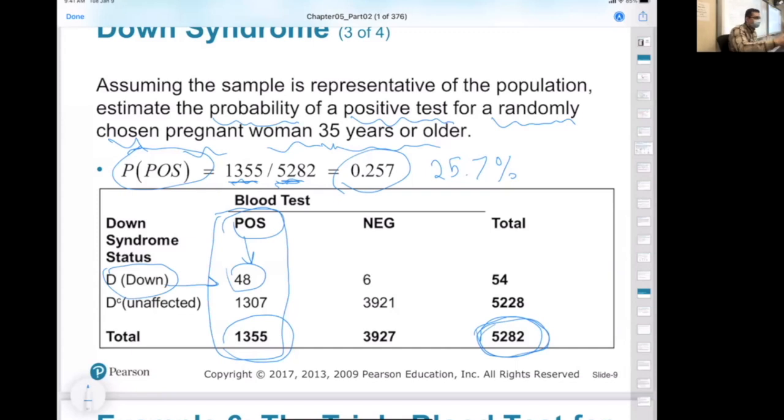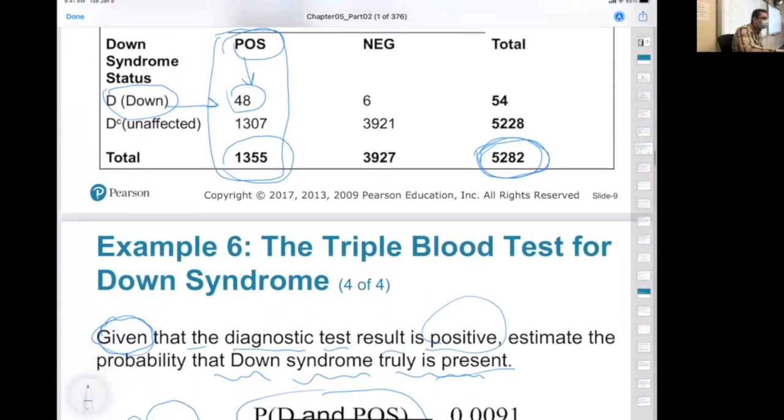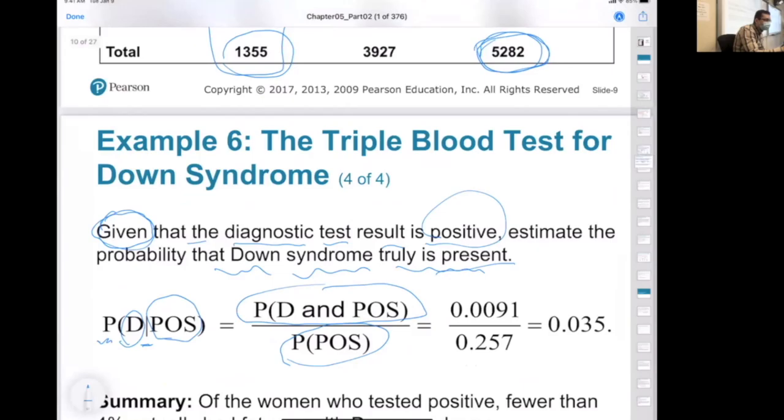Okay, so it's 48. So this probability is 48 divided by 5,282. So you will have 0.0091. Okay, divided by the probability of positive. We already have this probability from the previous question.